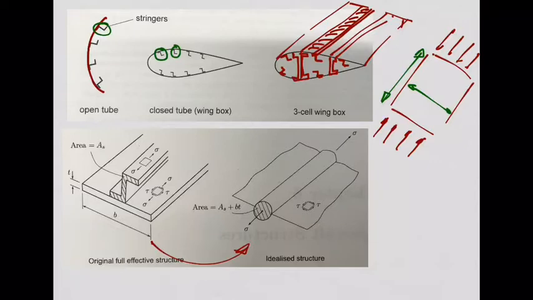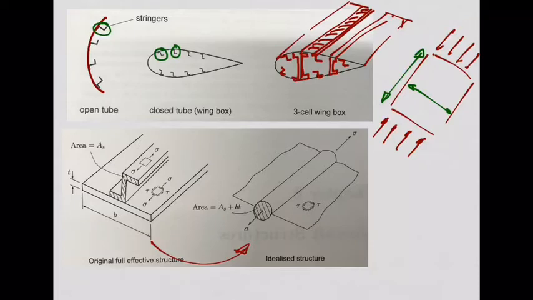This is an idealization, okay? Don't forget that. And we are going to assume these cylinders that you have here have a circular cross-section, always circular cross-section. And so our geometry is going to be like this, nothing more than this in the idealized structure: a skin and these cylinders, which we call booms, okay? With circular cross-sections.